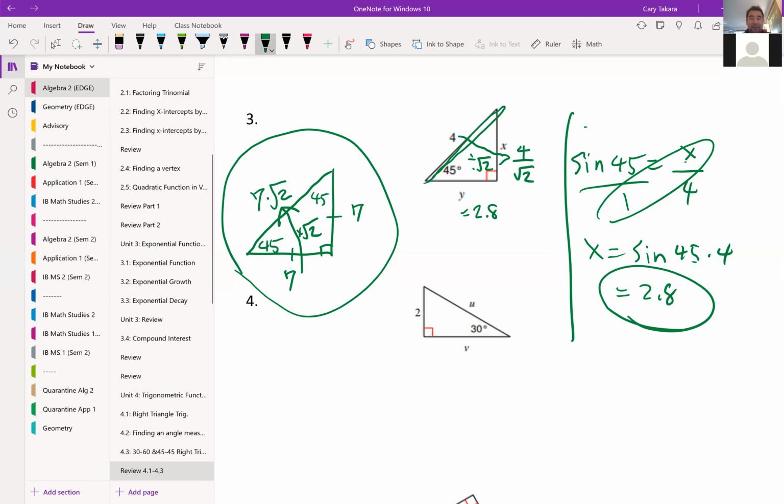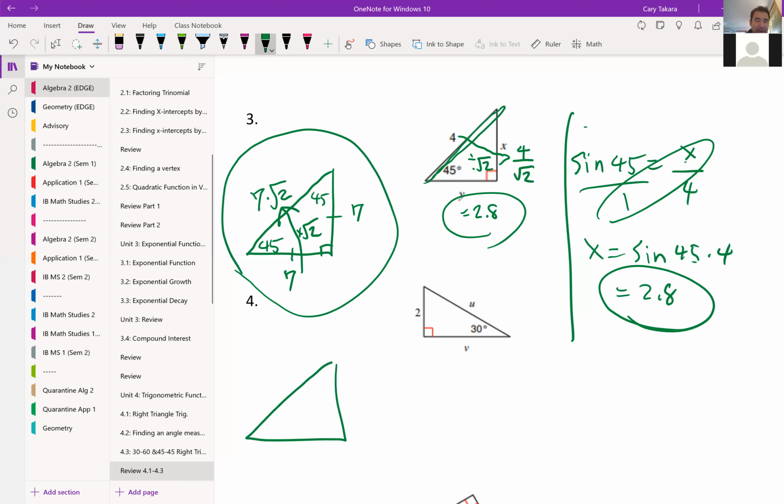And it's the same thing as that, sine of 45 times 4, isn't it? And it should be the same, okay? So they are, but you didn't have to set up sine, cosine, tangent to solve it. You can just immediately, if you know the ratio, hey, I have to divide by square root of 2, or I have to multiply.